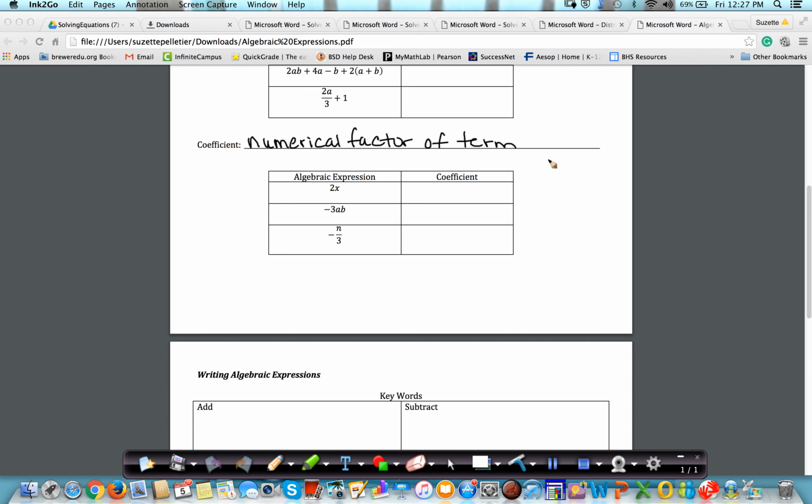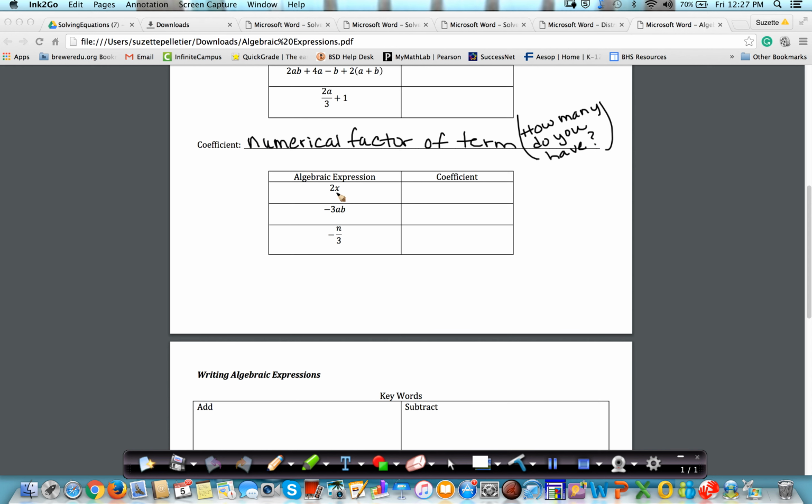So the numerical factor of a term, we often ask the question, how many do you have? So I'm going to ask that question as we go through this particular chart right here, okay?